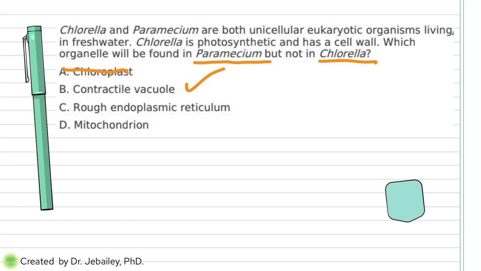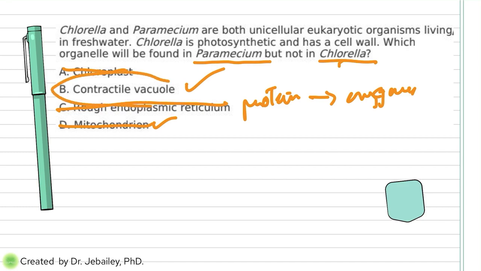Also, since these two need to function, they need energy, so it cancels mitochondria. And the rough endoplasmic reticulum, they both need protein in order to do their work, right? Why? Because proteins can turn into enzymes, and if you want to do photosynthesis, you need enzymes. So chlora does need that, so it cancels. The only thing left is this. So this is another way of eliminating all the possible answers and going for the educated guess. But if you did do those studies, you would know exactly the contractile vacuole is the only one.